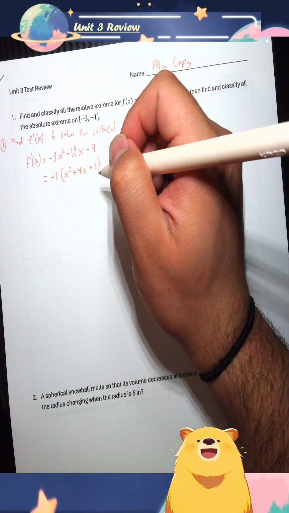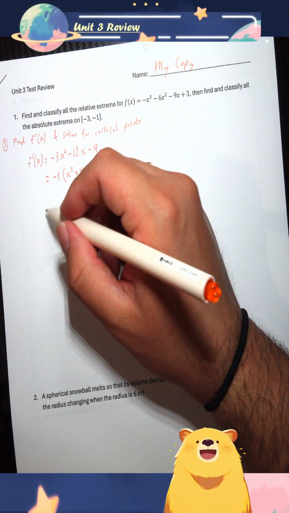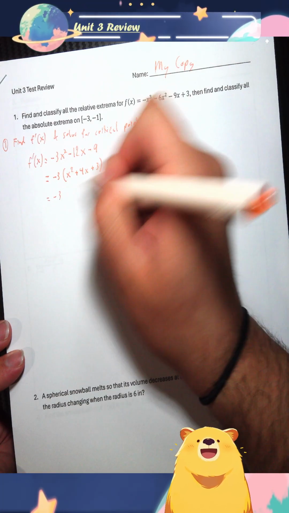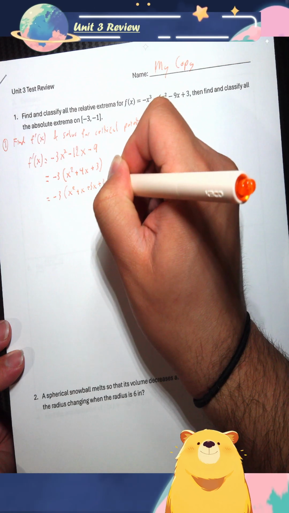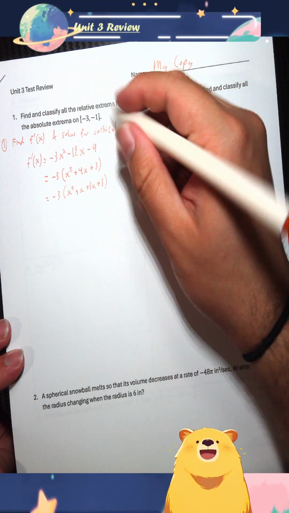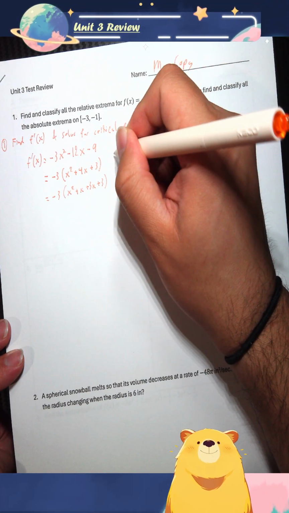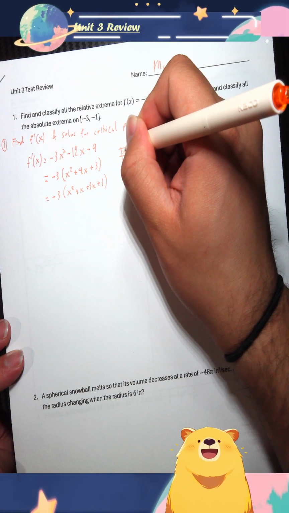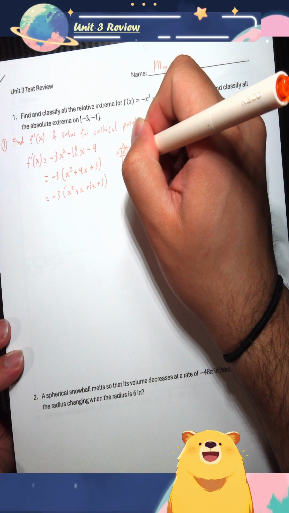And then from here, you can use the AC method or however you like, and this should be 1 and 3. Or you can use that square that you like to do. Let's do the square. I'm kind of warming up to the square idea. You have x squared, so you do an x and an x, and then you have a 3 here.